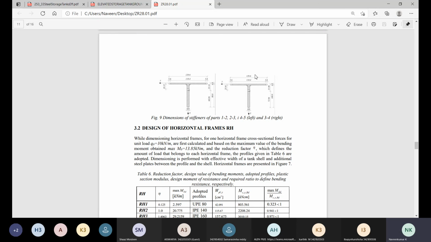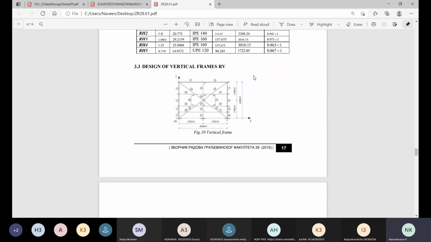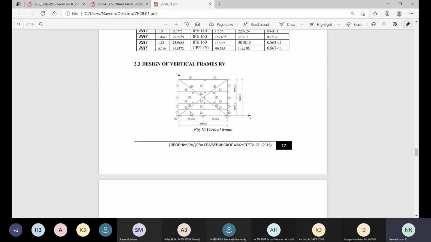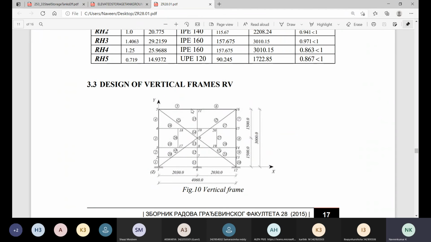Okay, so only a small variation is there. Okay, so in this case of a particular water tank you're going to provide the stiffness like this. Okay, so this is the picture here. Okay, so above this your steel water tank will be placed, and these are the kinds of stiffness they use.